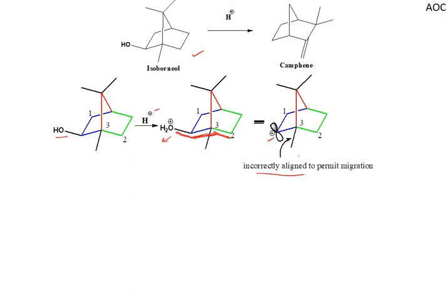So instead of this methyl group, which has an incorrect alignment, this particular carbon has more tendency to migrate here. So this bond will break instead of this, and we will have a completely different case.